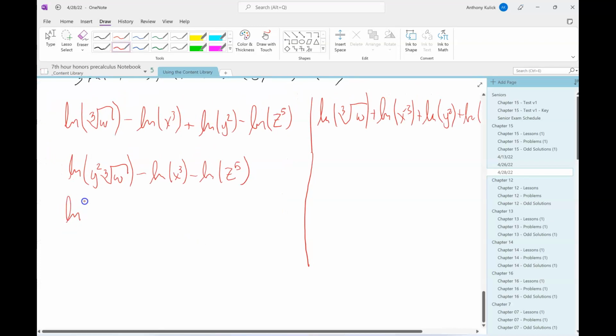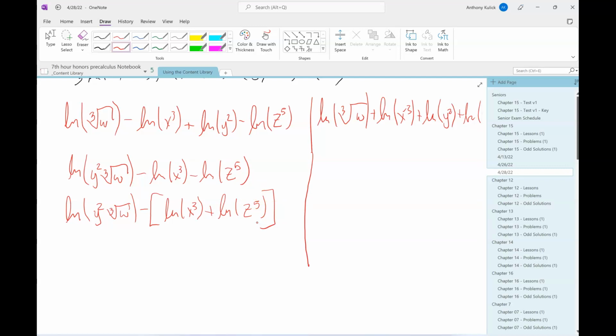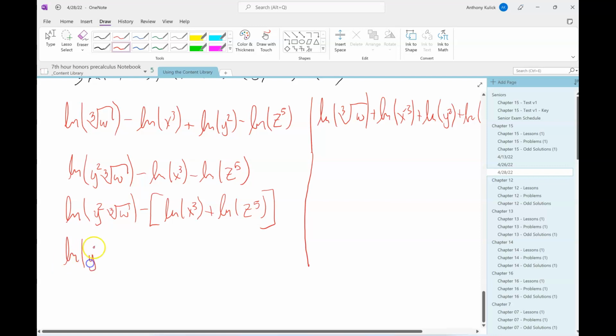Factor out a negative. Oh, Mr. Kulik. That's some sneaky stuff right there. Does that feel okay? Now there's the hidden product property that Mr. Kulik was referencing.